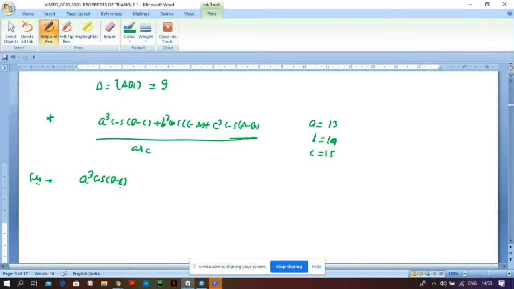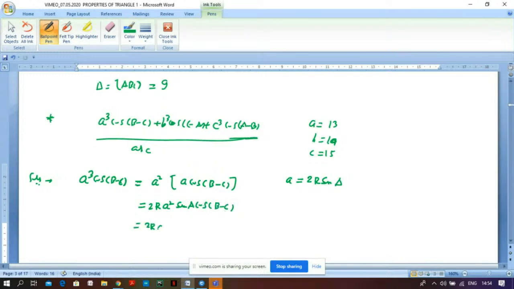How can you simplify? So what we can do is we can keep one a outside, so a squared, and I can write a times cos of b minus c, and I know that a equals 2R sine of a, so I can write 2R outside and a squared, and this is sine a cos of b minus c.